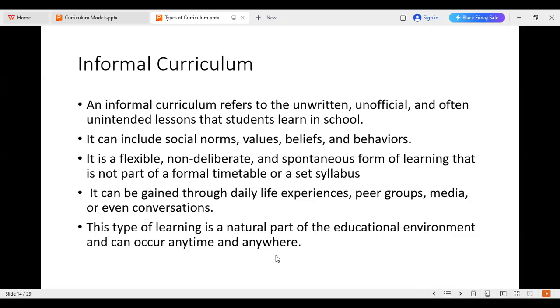School culture, school climate, school tradition, the school leader, teachers' behavior can modify the student behavior, student personality, student leadership qualities.